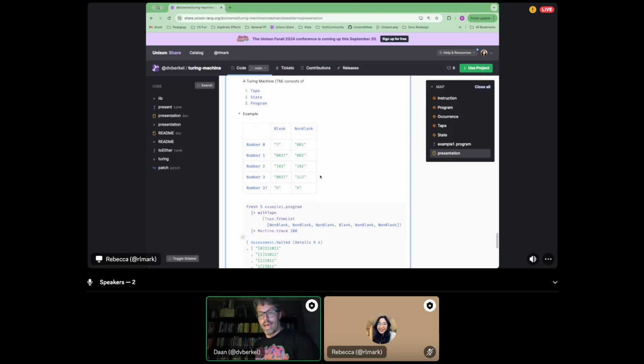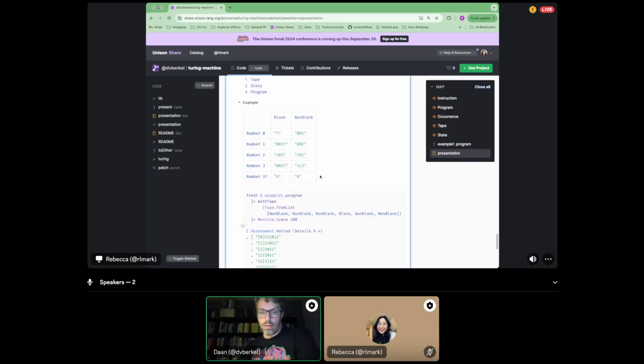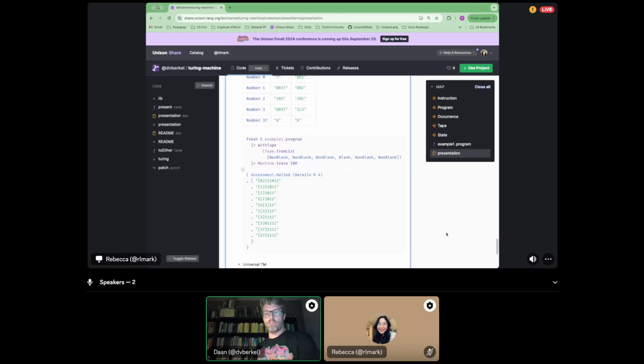You can then create a machine with that program and start it off with a tape that has 3 non-blank characters, ones, with a blank, and then 2 non-blank zeros, and you ask to run it for at most 100 steps. You will get the following output, and it is a trace of what the Turing machine will do. And you have to interpret this.